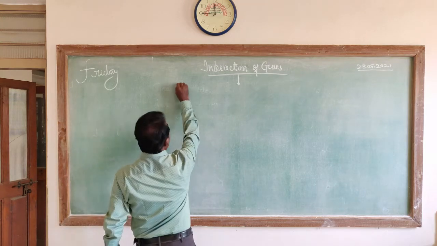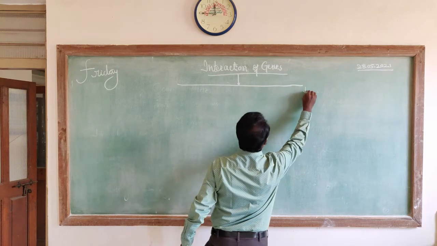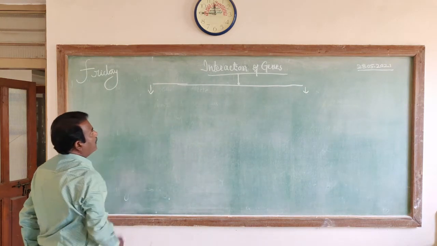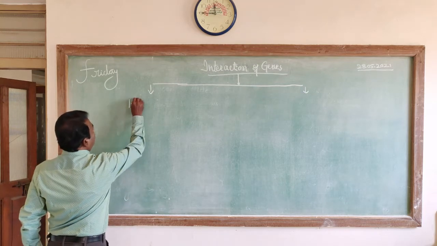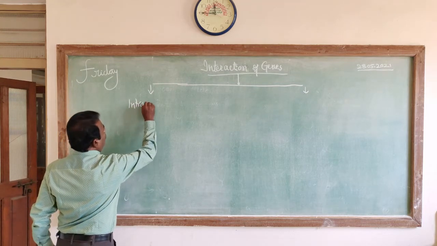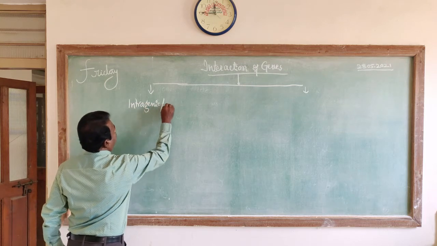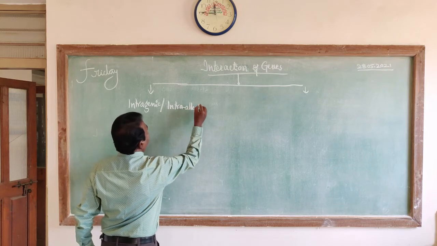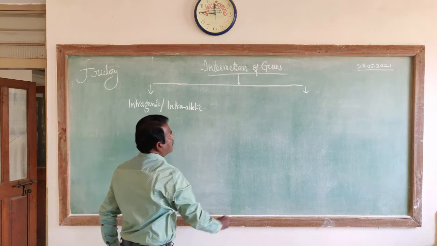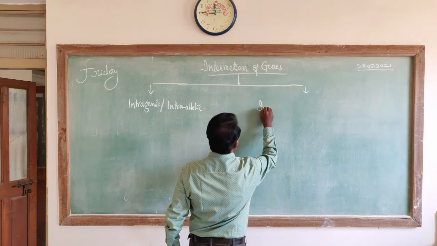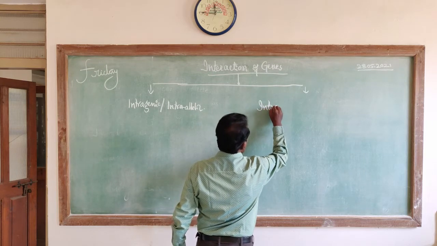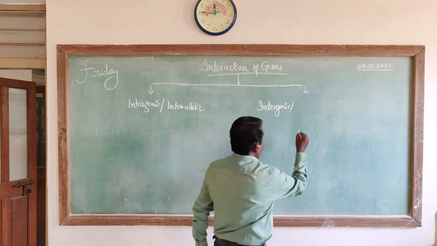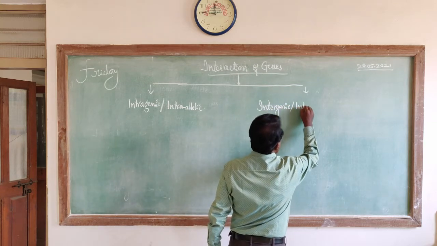And interaction of genes we could observe in two different conditions, okay? First type, that is called intragenic or intra-allelic interaction. Another type, that is intergenic or interallelic interaction.